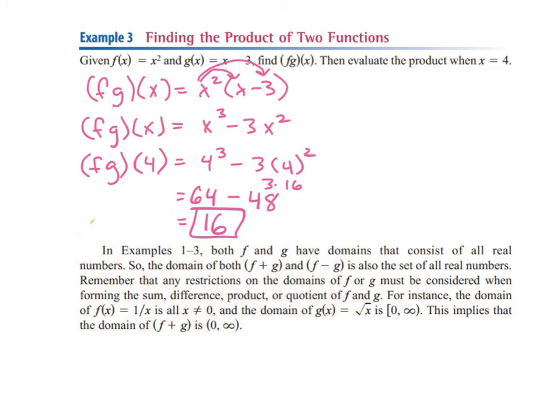For instance, the domain of f of x is equal to 1 over x is all real numbers except when x is equal to 0. So x cannot equal 0, and the domain of g of x is equal to the square root of x is all the nonnegative numbers, from 0, including 0, to infinity. This implies that our domain of f plus g is 0 to infinity.